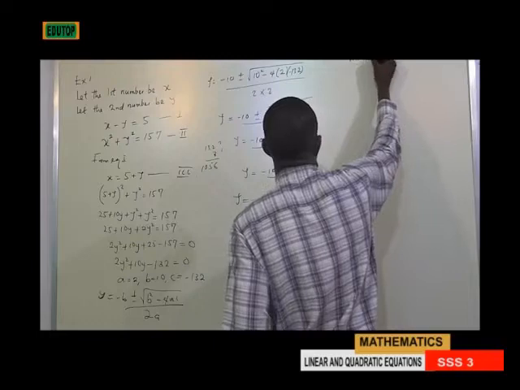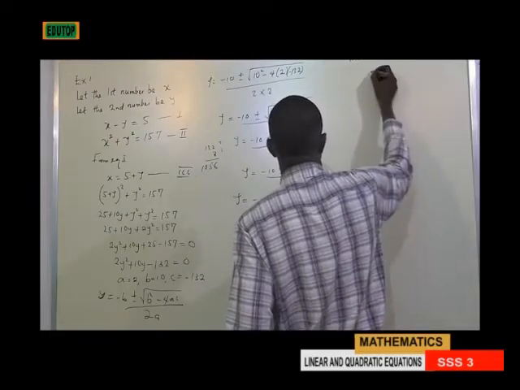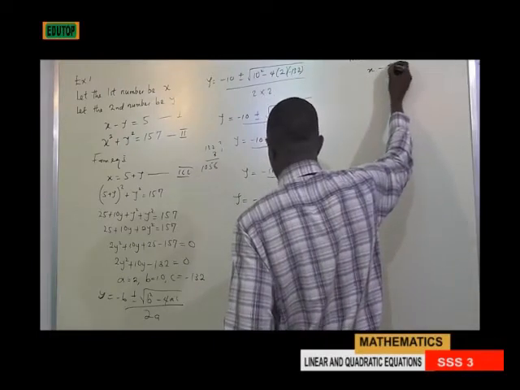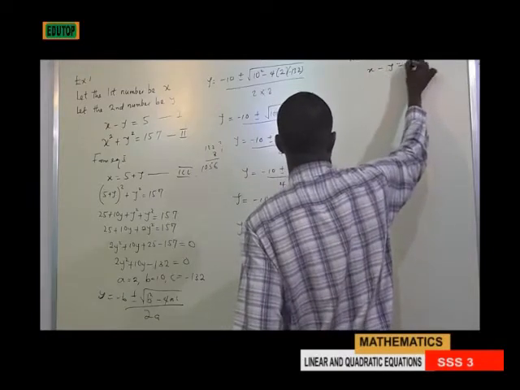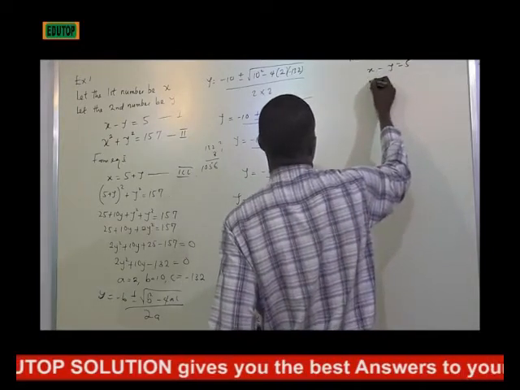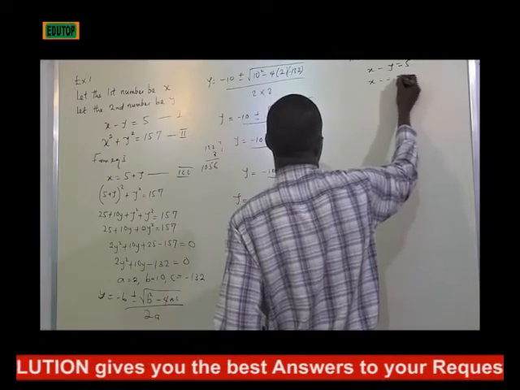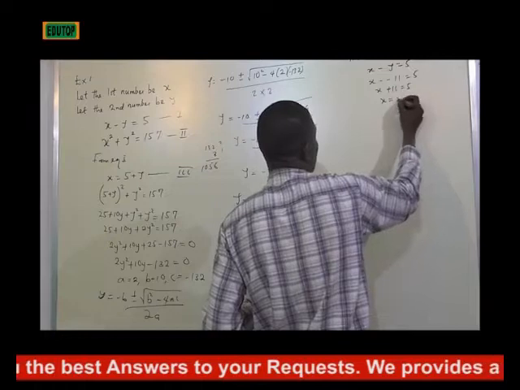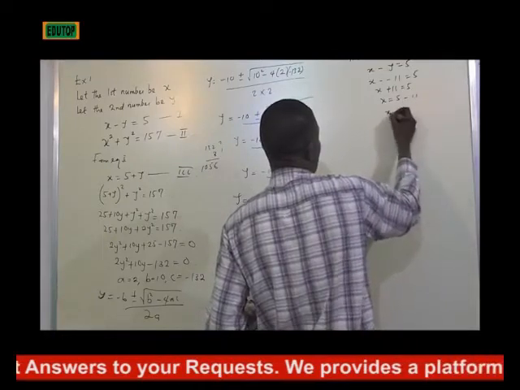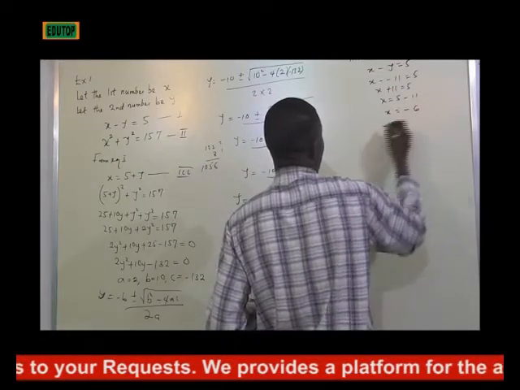Then, when y equals to minus 11, x minus y equals to 5 will be x minus minus 11 equals to 5. Then my x will be 5 minus 11. Then my x will definitely be minus 6.